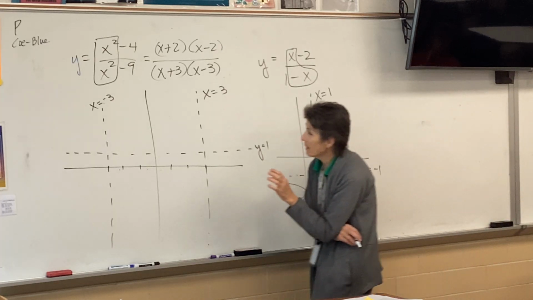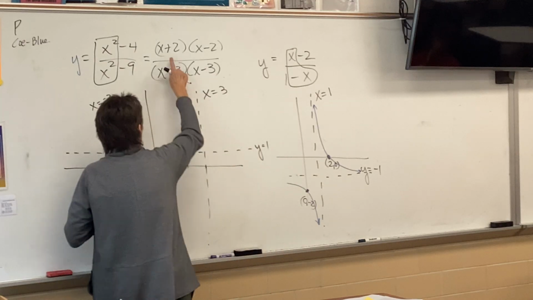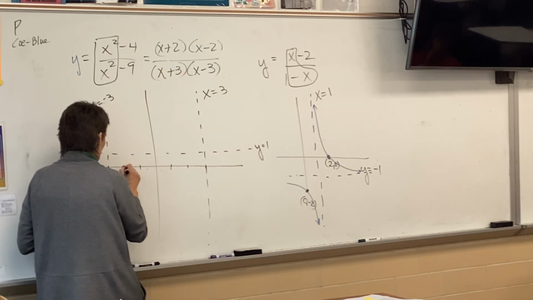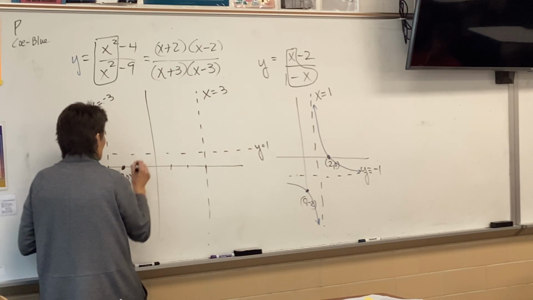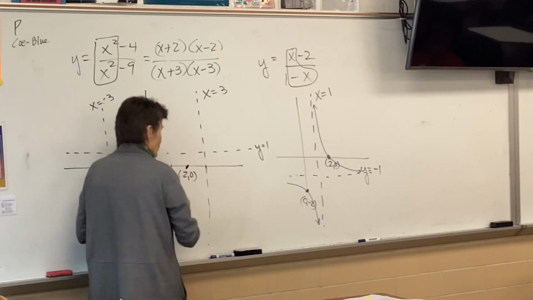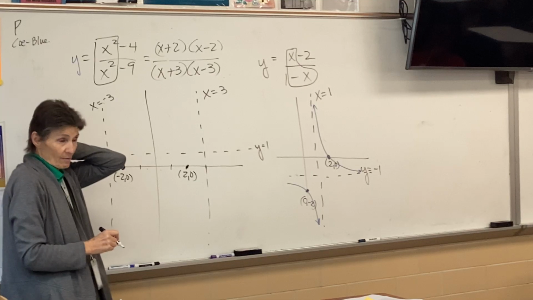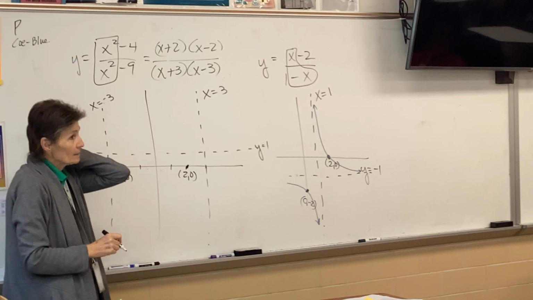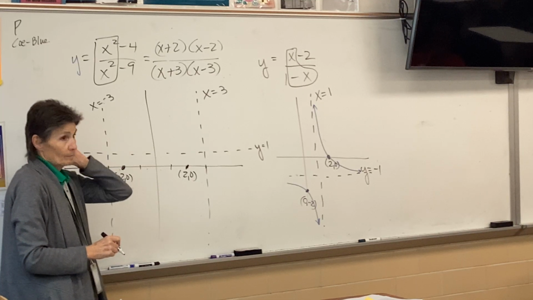So when I look at my numerator, I'm going to have -2 and +2. Those are my x-intercepts. They come directly from the numerator.